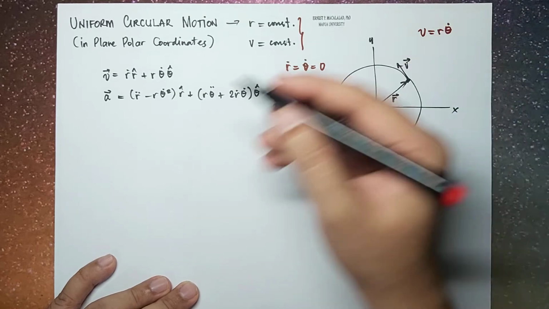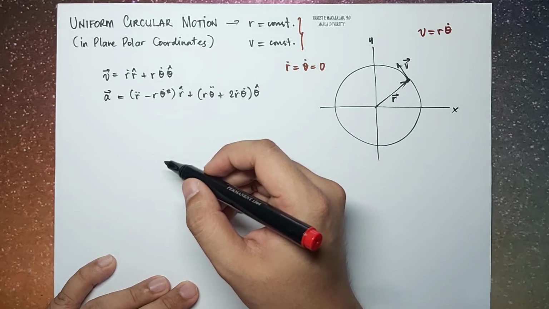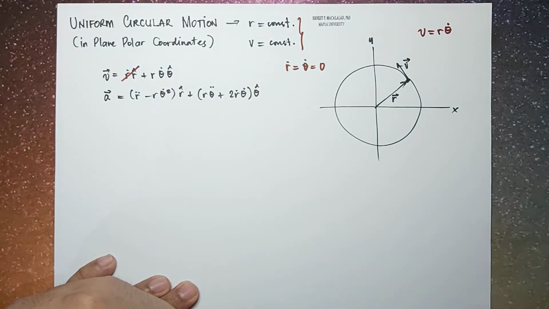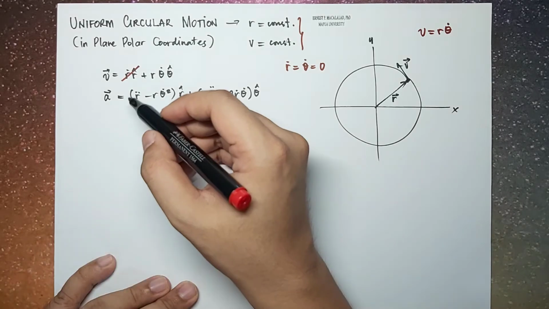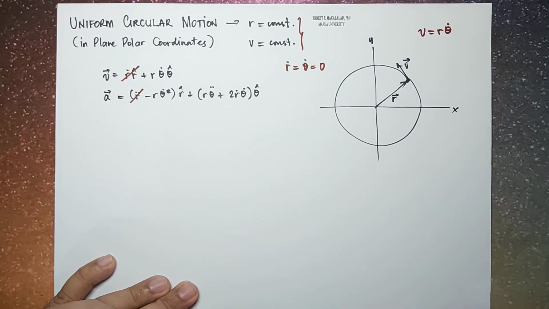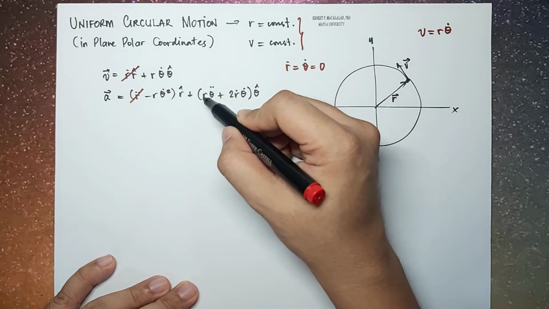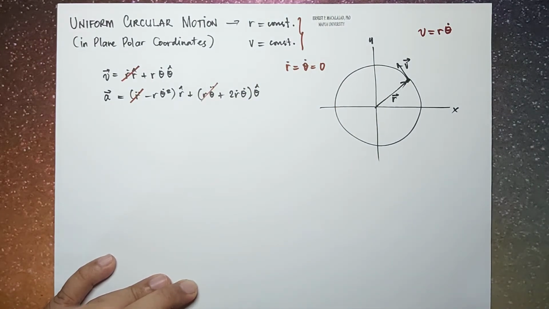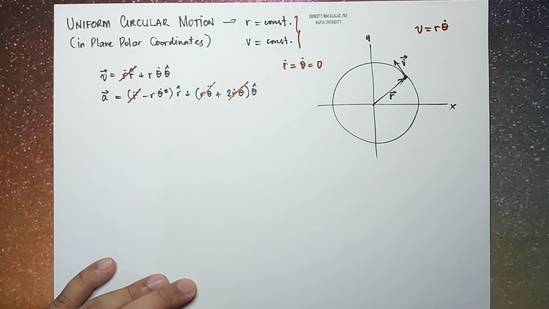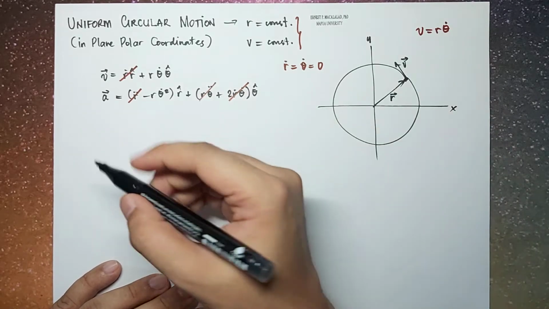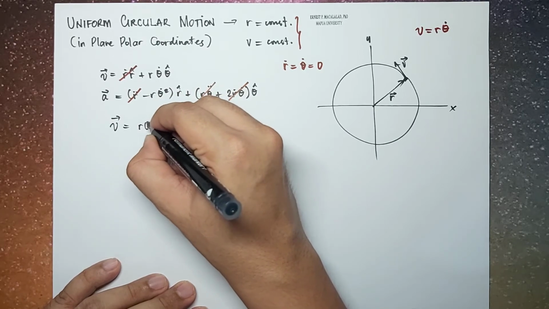So these terms are all 0. What is now left is v equals r theta dot theta hat.